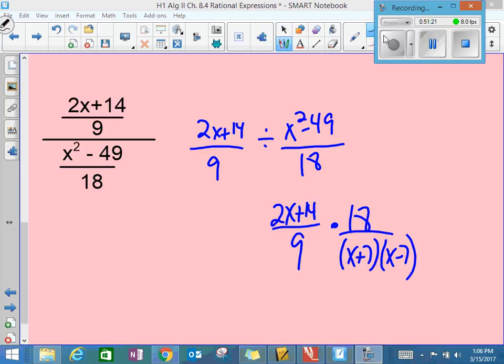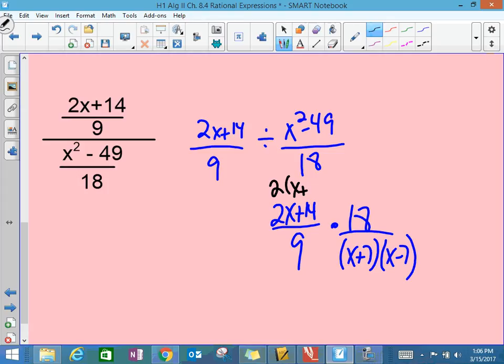All right, so we simplify it like this. What am I missing? What else can I simplify there? What can I do up here? x plus 7. So now, what can I cancel? x plus 7, x plus 7. Alyssa, what else? You change the 9 to a 1 and the 18 to 2.